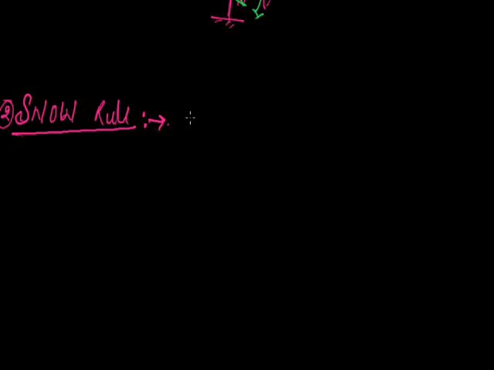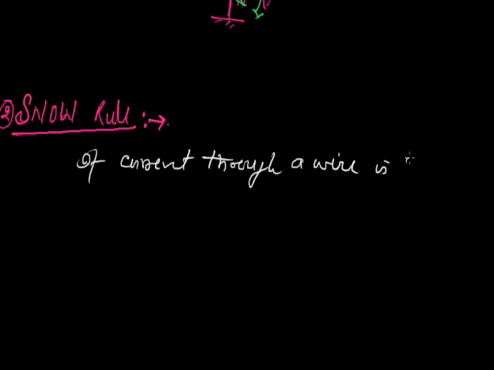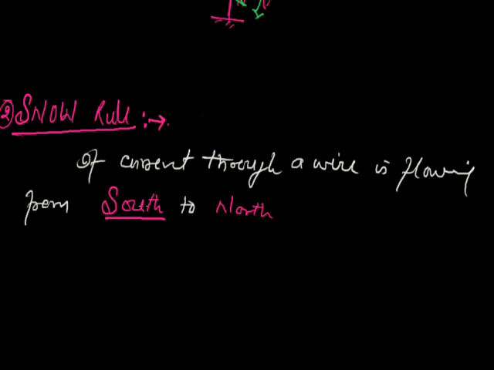Here the statement is this one: if current through a wire is flowing from south to north, and here is SN.